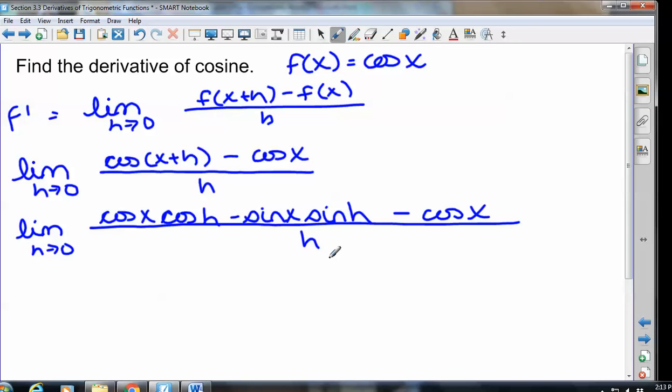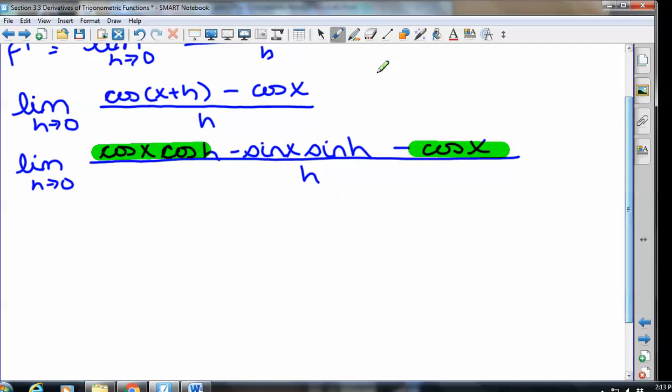Group cosines together. So we're going to split it up just like we did on the previous one. We're going to try to keep like things together, so both of these terms have a cosine x in them. So I'm going to put those two together.